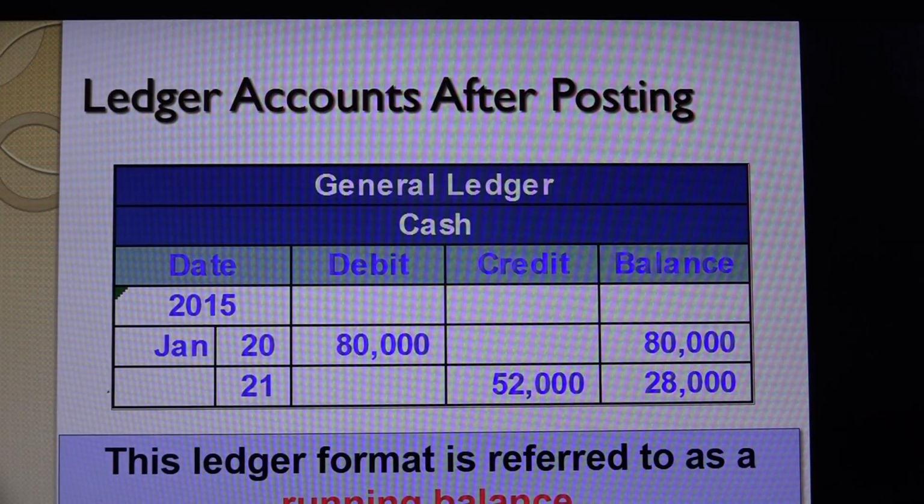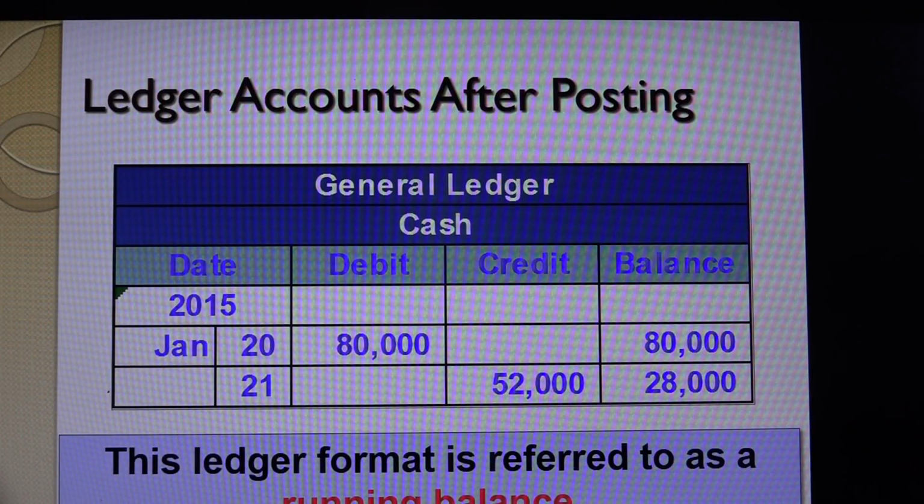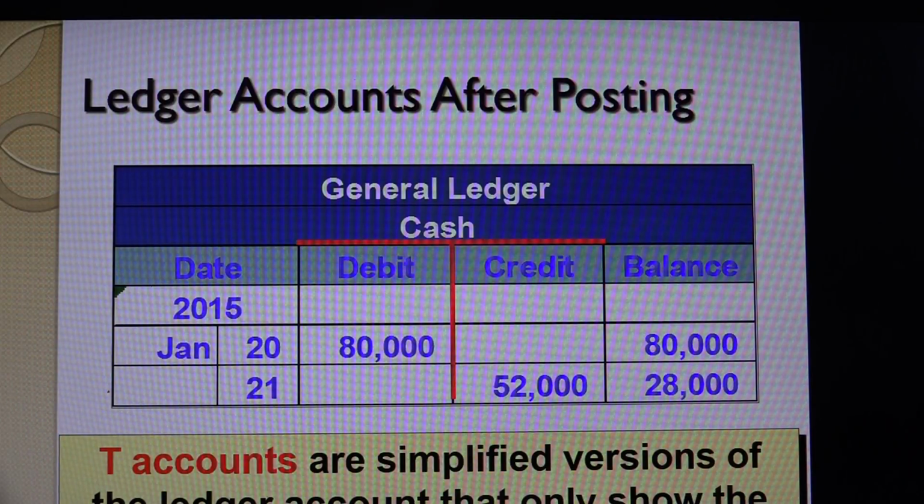And so it's referred to as a running balance. And again, T accounts are simply a version of the ledger account that only show the debit and credit columns. The T account doesn't show a running balance.